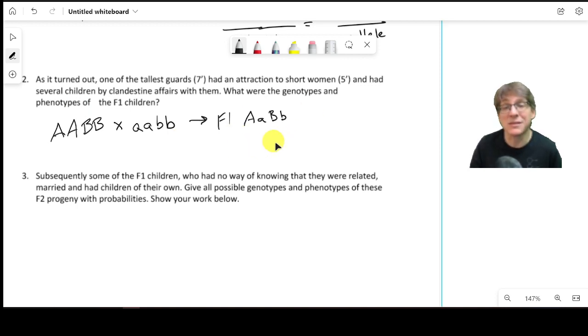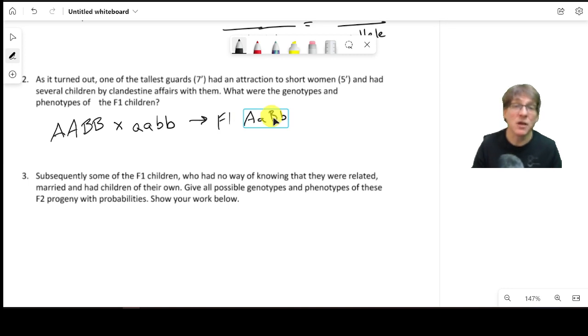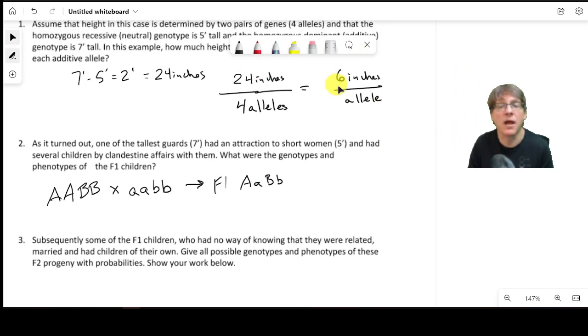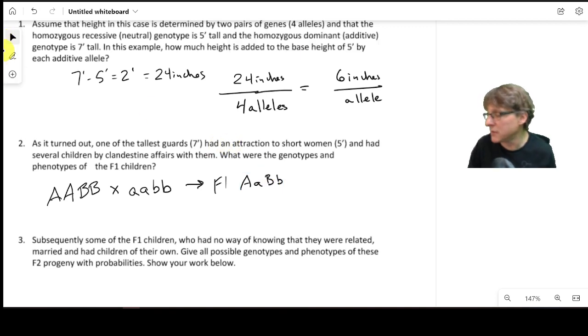That means they have the base height of 5 feet, and then they have 1 and 2 capital letters, or additive alleles. For each additive allele, we're going to add 6 inches, like we just calculated above. So we have 5 feet 6 inches, and then another 6 inches gets us to 6 feet. All of these individuals are going to be 6 feet tall.